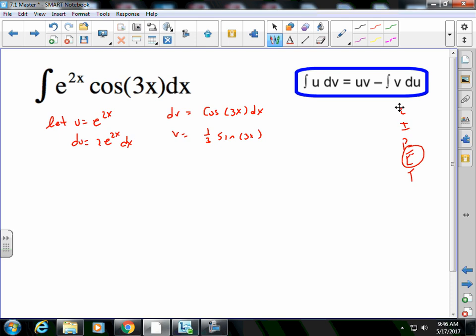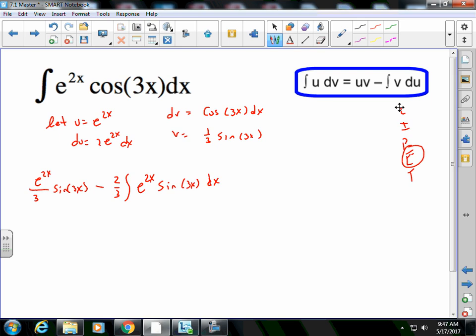So we have our u's and v's, and I can build this up. u times v gives me e to the 2x all over 3 sine 3x. Subtract from that v du. So I have a minus 2/3 integration e to the 2x sine 3x dx.